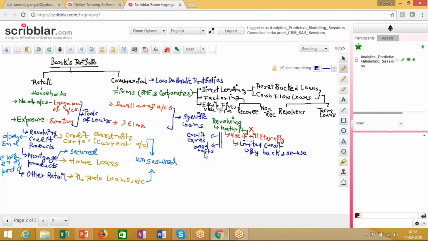So this is what the idea is, right? Now we'll take up each of these products one at a time. So let's start off by discussing credit cards. The first question that comes up is, what is a credit card?